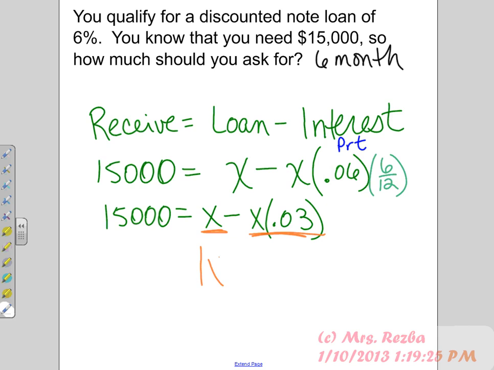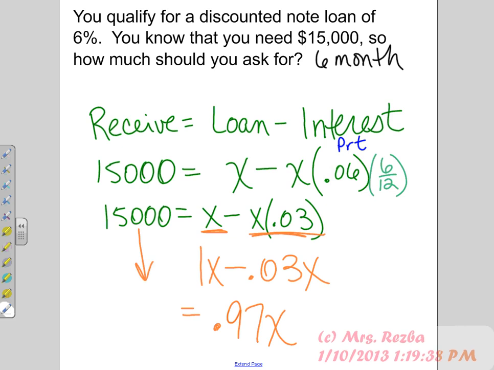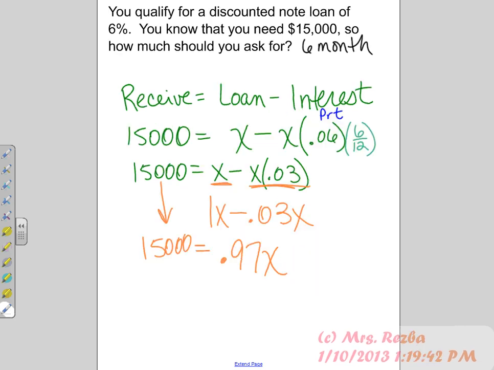I have 1X minus 0.03X. Well, 1X minus 0.03X is equal to 0.97X. And this equals my amount I want of $15,000. I can solve this equation for X. So X equals 15,000 divided by 0.97.